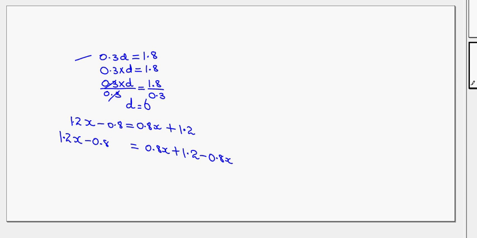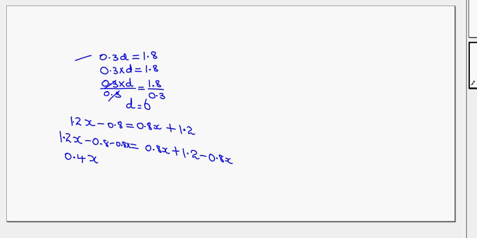Right. But if I minus 0.8x on this side, what do I have to do here? Same thing, right? That's why I left the space. Because I'm now going to minus 0.8x. So 1.2x minus 0.8x is really 1.2 minus 0.8, which is 0.4x.